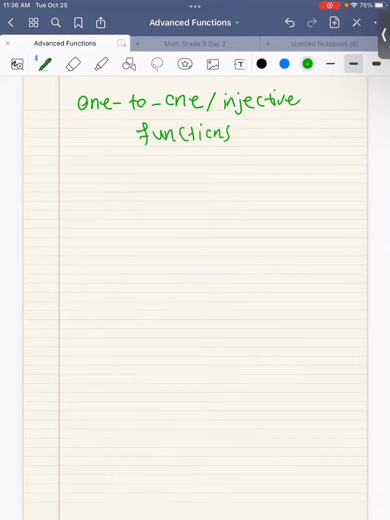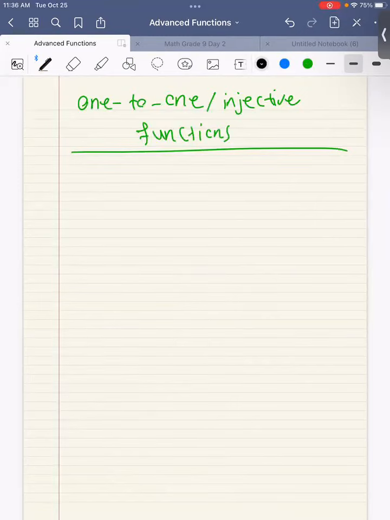So another thing I want to talk about a little bit is the concept of a one-to-one function. One-to-one, or sometimes it's called injective functions. So a function is said to be one-to-one if there are no two values of x with equal y values.